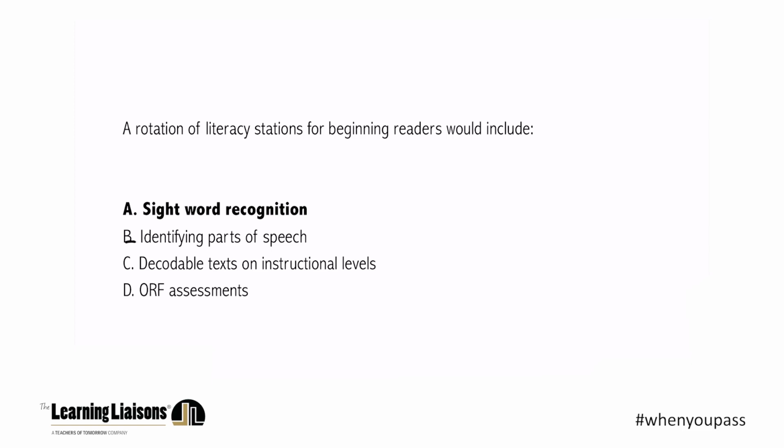So parts of speech would not be something that our most beginning readers would be working on independently. And we know it's independent because they're in a literacy station, so the teacher's not there with them. They would not do an assessment at a station by themselves. And they would not be decoding text on instructional levels if they are a beginning reader.